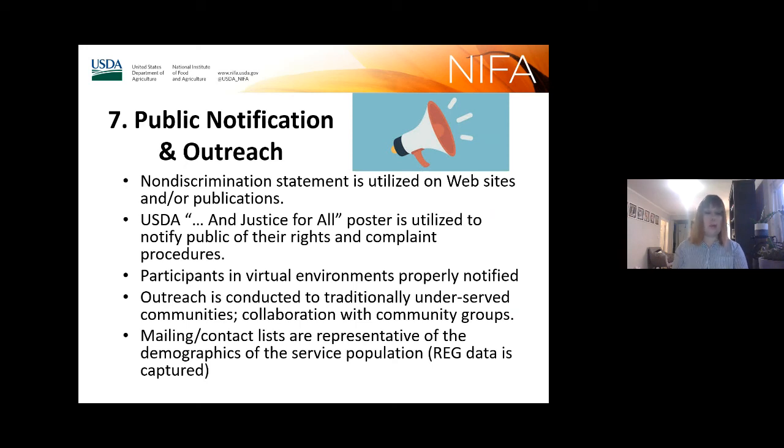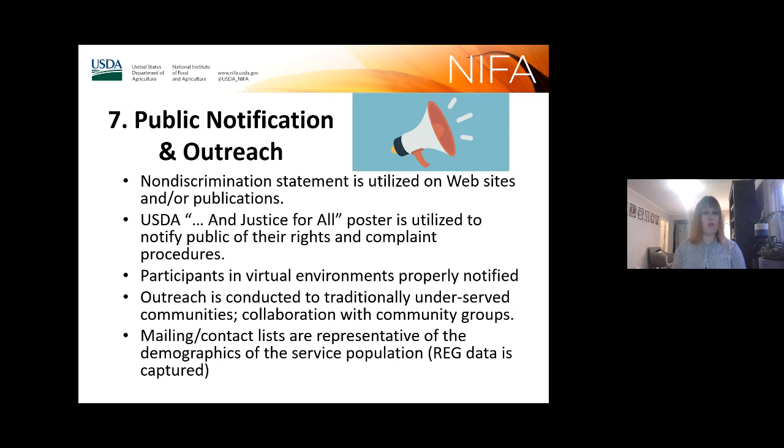So are you collaborating with community groups? Are you conducting outreach activities that target underserved or underrepresented communities, as well as outreach in general to all communities? What kind of outreach activities are you doing? And this last piece, it can be beneficial to capture race and ethnicity data for mailing and contact lists, specifically if you want to show your outreach to traditionally underserved communities.